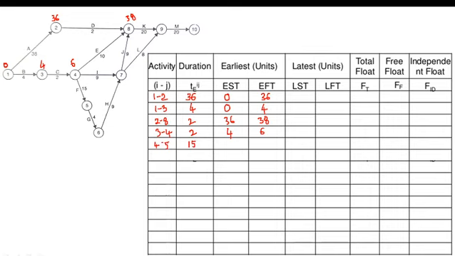What is the earliest start time of activity 4 to 5? It is 6. You can see it over here. 6 plus 15, what is the value? 21. So the earliest finish time of this activity becomes 21. Now let us consider activity 4 to 7.